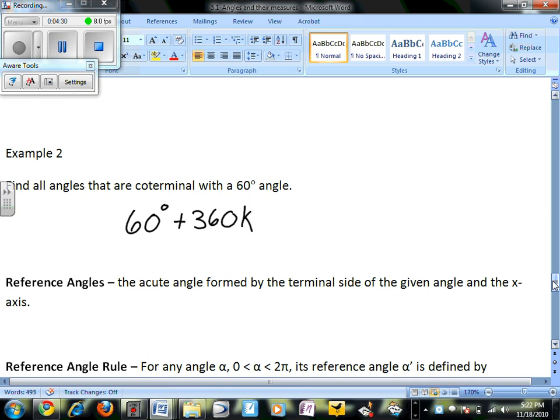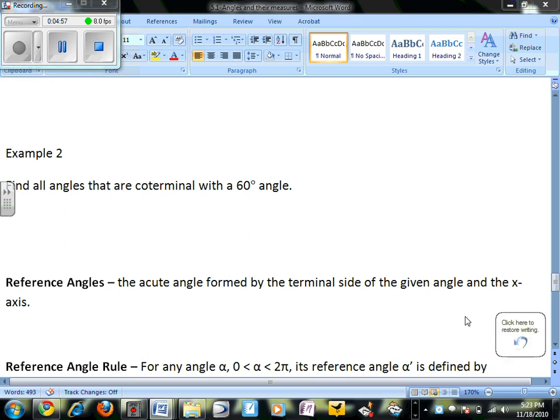If I wanted to go in a circle 2 times, I'd have 720 plus 60, which would be 780. Okay? We can keep going on and on and on. But this equation right here tells us all angles that are coterminal with 60. In fact, we could plug negative 1 in for k and subtract 360 from 60 and get negative 300. That's coterminal with 60 degrees. Okay?